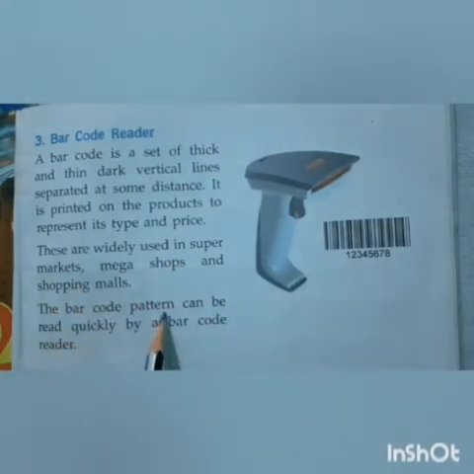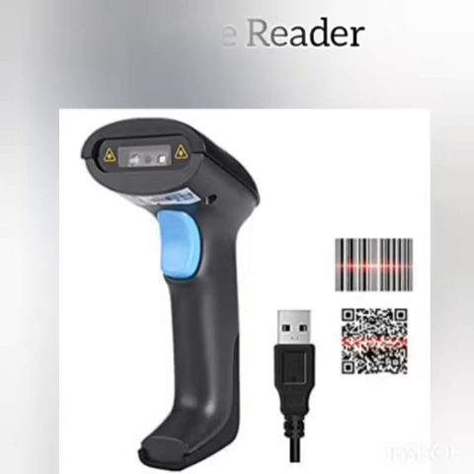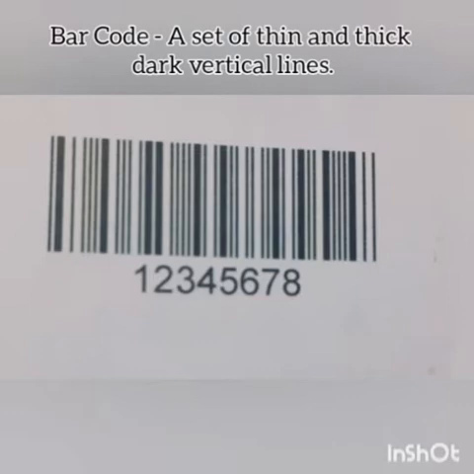The barcode pattern can be read quickly by a barcode reader. Children, this device is known as a barcode reader. It is mostly used to read a set of thick and thin dark vertical lines called a barcode. See children, it is printed on the products.